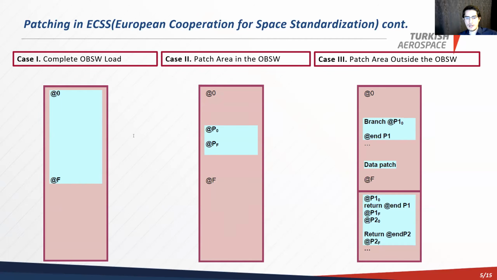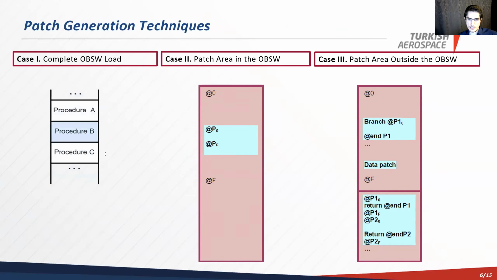All right. And to be able to better compare these cases, I'd like to show you this diagram. So let's assume that our entire image can have certain procedures like procedure A, B, and C as shown over here. Okay, now let's check out case 2.